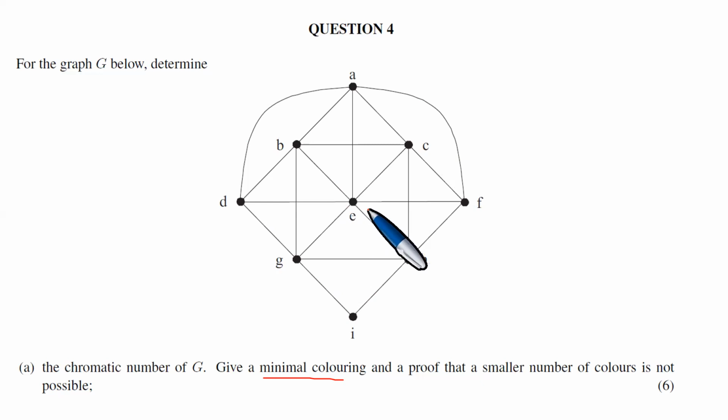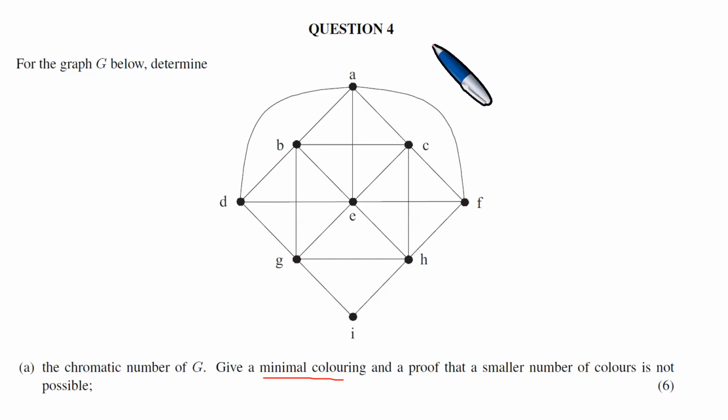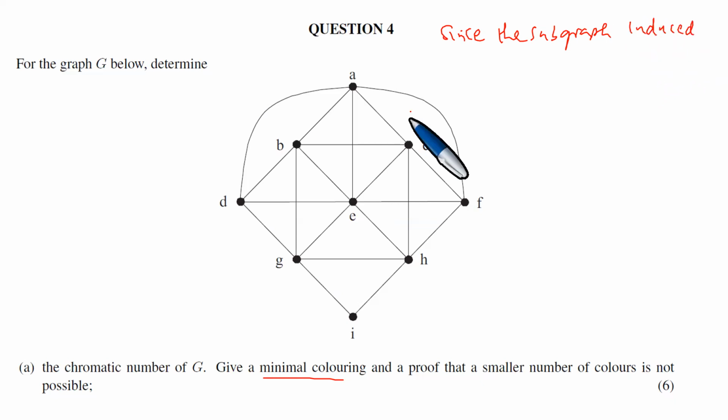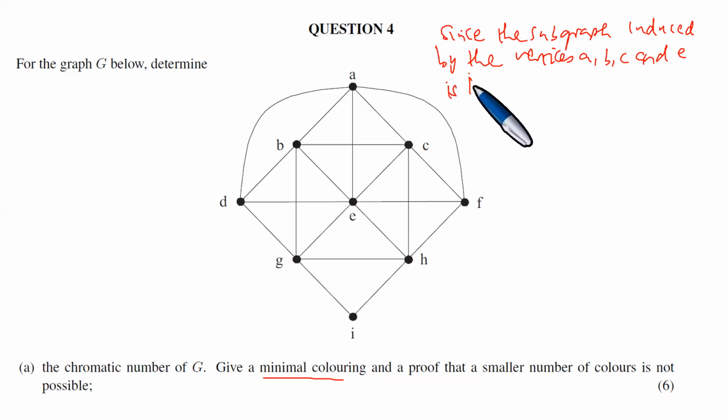Since the subgraph induced by the vertices A, B, C, and E is isomorphic to a K4, a complete graph on 4 vertices, this one here.